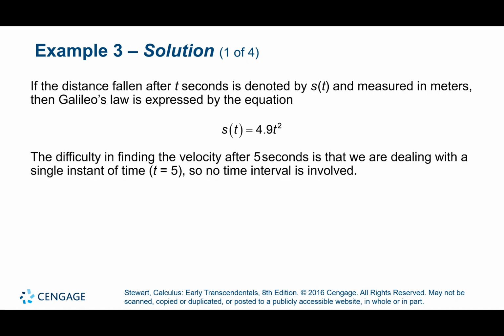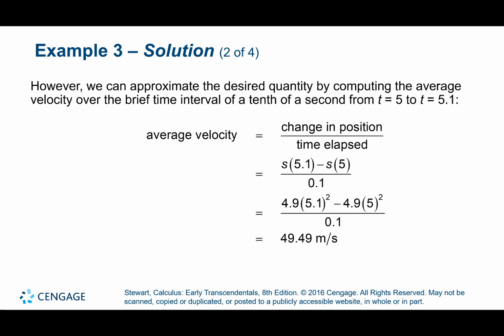So it's a little trickier. We don't have an interval here. We can figure out the average velocity, not at an instant, but we can figure out the average if we do give ourselves a time interval. So we want to know the velocity right at 5 seconds.